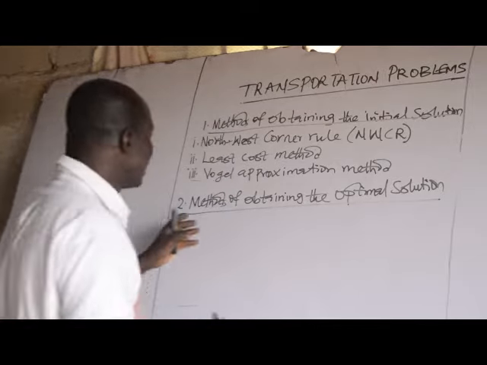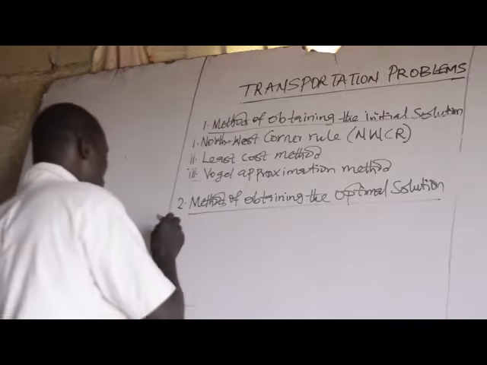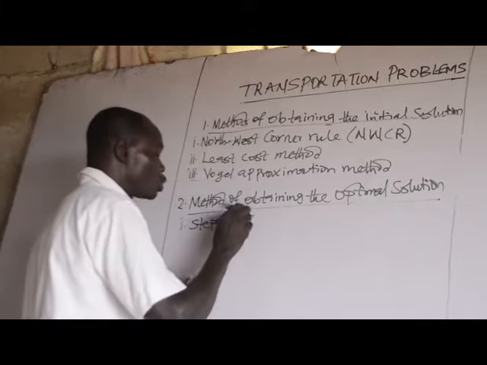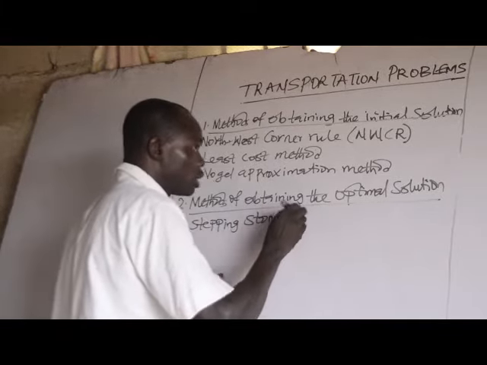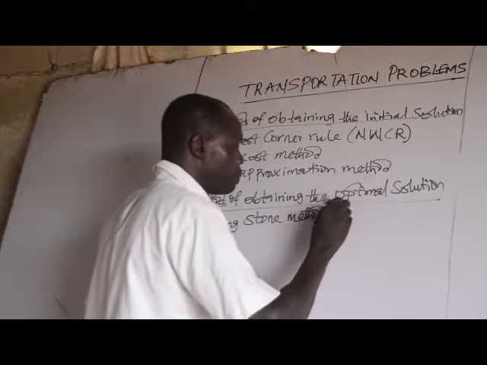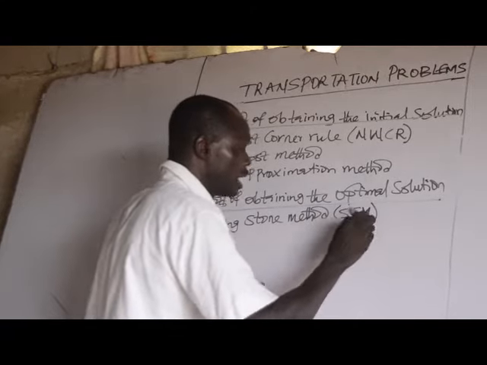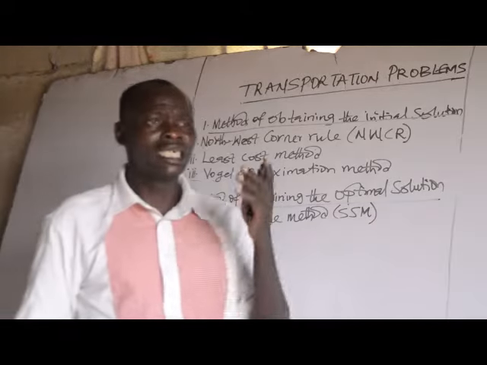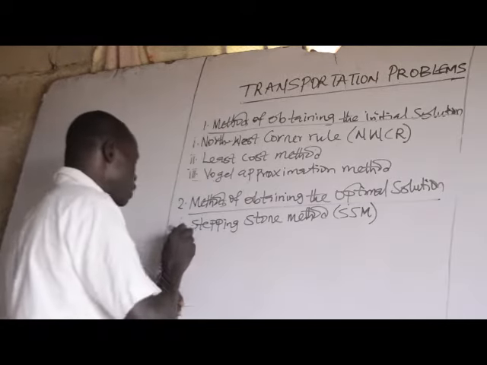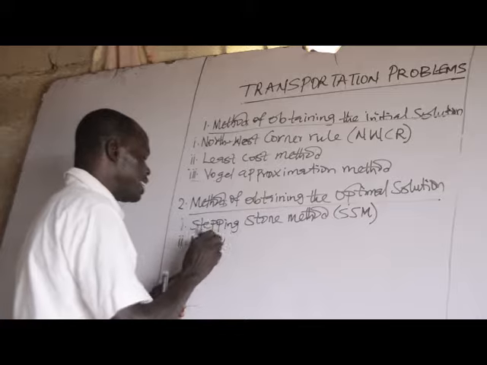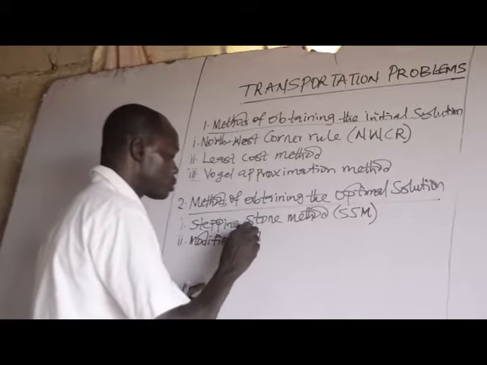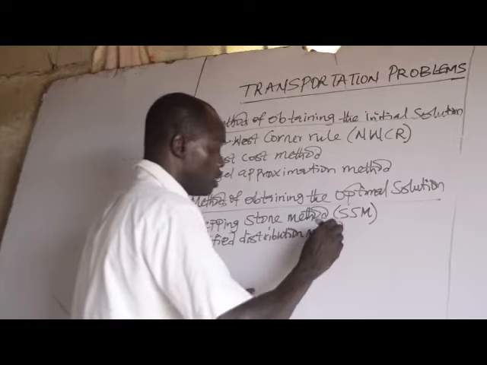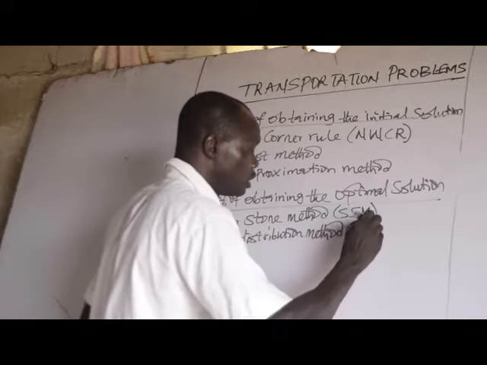So methods of obtaining the optimal solution include, number 1, the stepping stone method, SSM. Number 2, the modified distribution method, which is MODI, M-O-D-I.